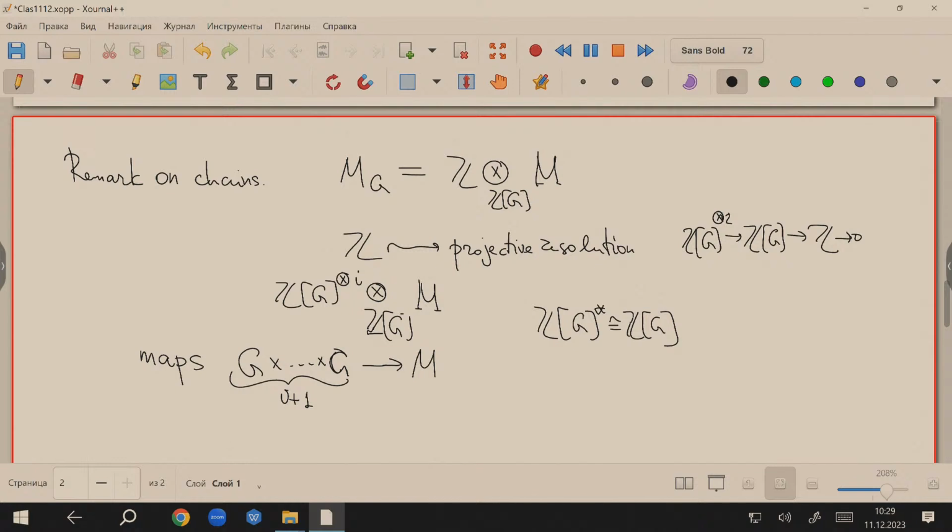But what about these maps? When you are taking the tensor products, you have only a finite number of summands. So the condition is that this map is non-trivial only on a finite number of elements.